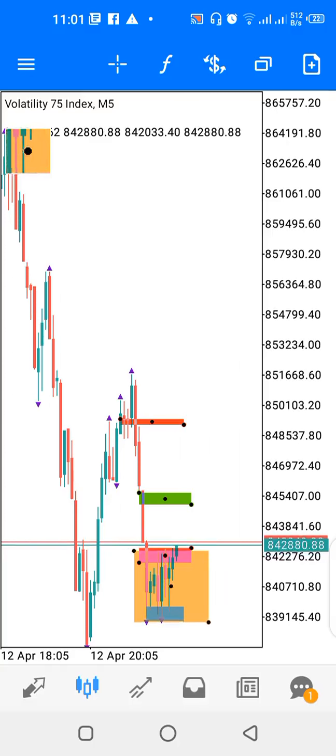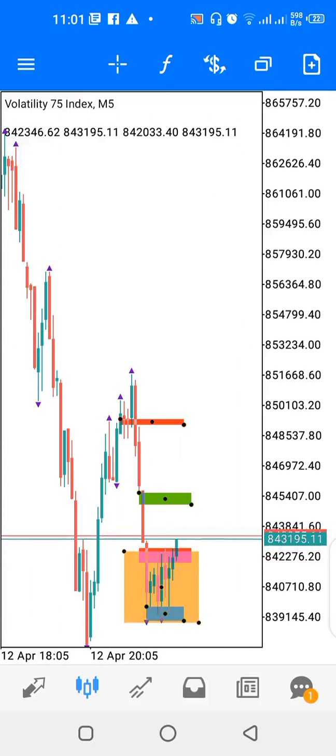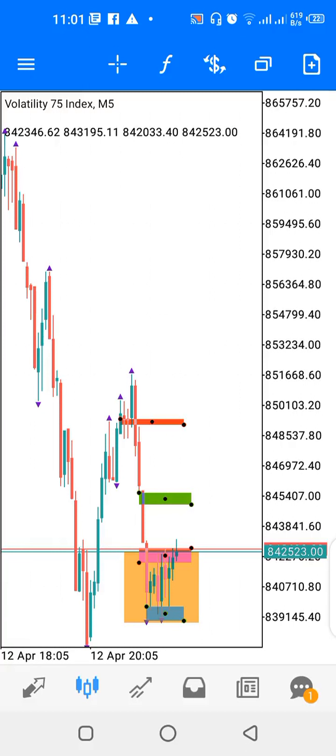But if you are going to trade in this zone, sell at the top of the range and buy at the bottom of the range, because you are expecting a breakout at the top, and you're expecting a breakout at the bottom, so it could be either way.